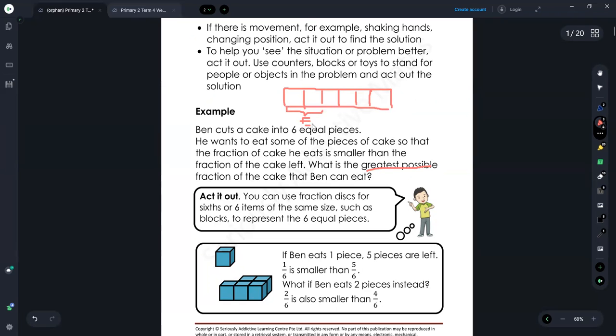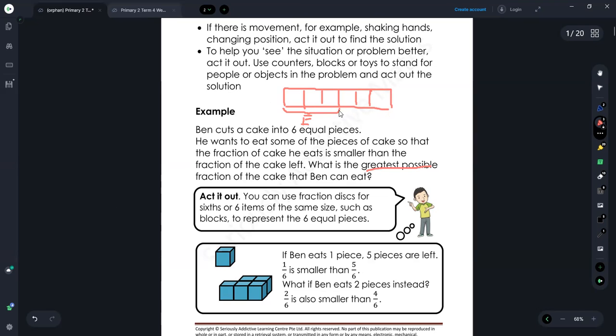Now let's ask students, what if he eats another piece? Does it work? If he eats another piece, it will be 3 out of 6, and what is left is 3 out of 6. But the condition here is what he eats is smaller than what is left. So if he eats 3 and 3 is left, it doesn't work.